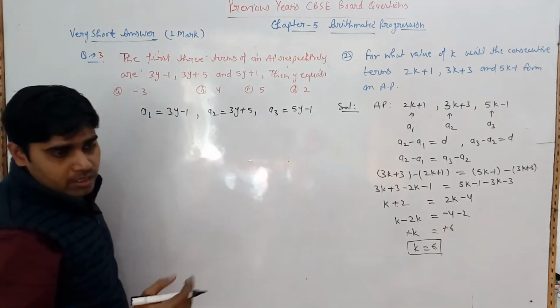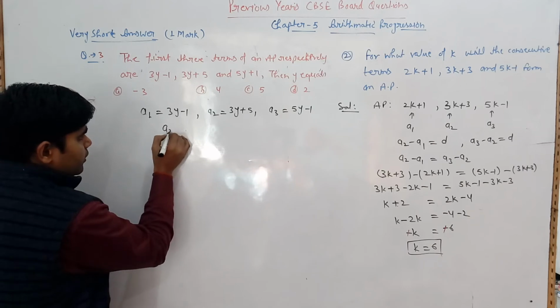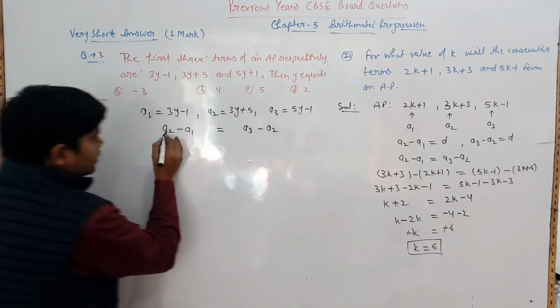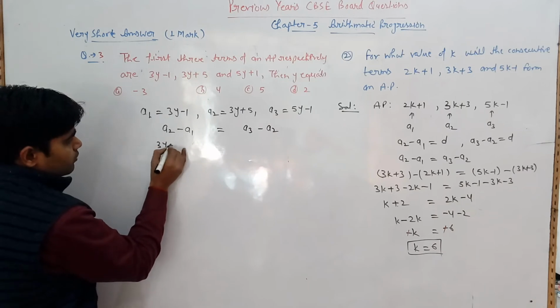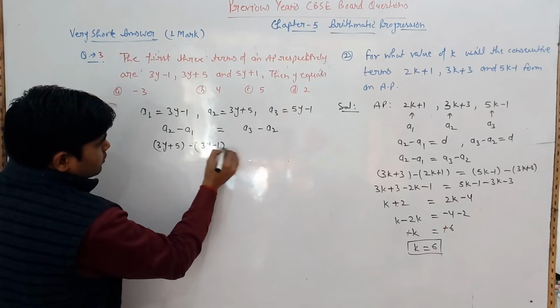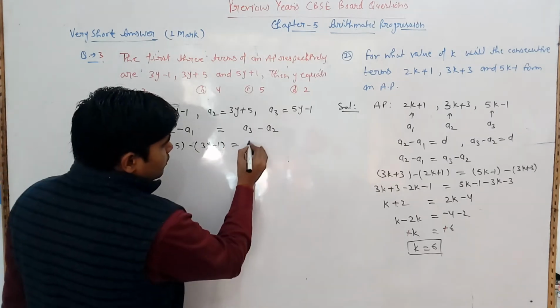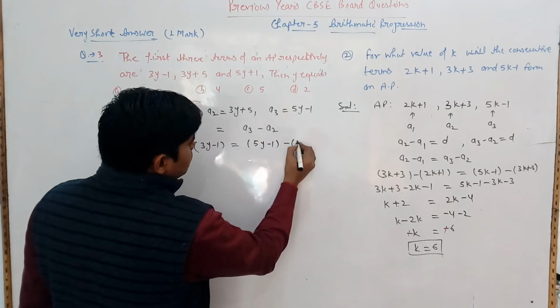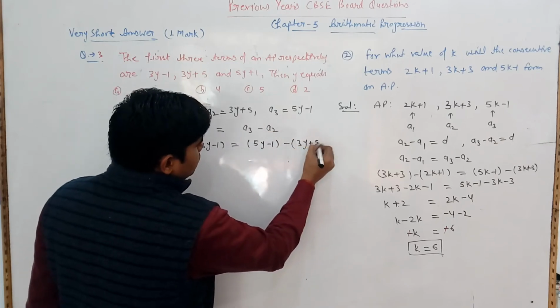All these terms are in AP. So A2 minus A1 is equal to A3 minus A2. A2 is 3y plus 5 minus A1, 3y minus 1, is equal to A3, 5y minus 1, minus A2, which is 3y plus 5.